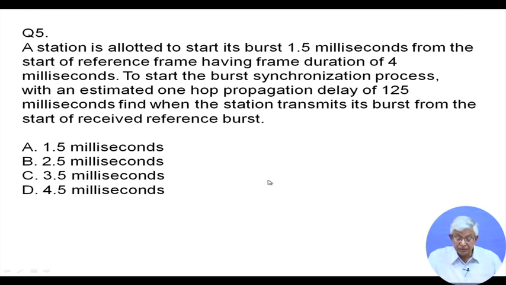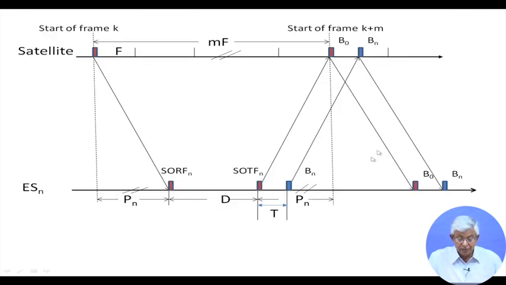Let us see. Let us draw the picture first. In these types of cases, we draw the picture first. You recollect this picture shown in the class? This is the satellite, this is the time axis. In that, the frame duration is F, many frames are shown, m times F, where m is an integer number.